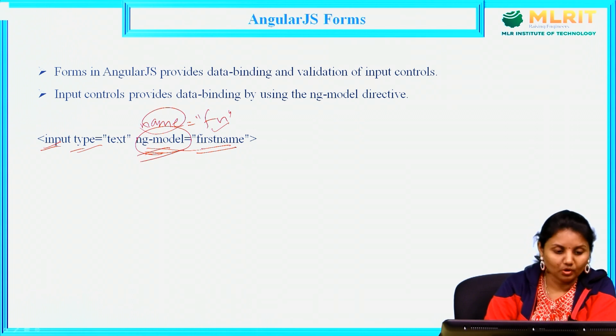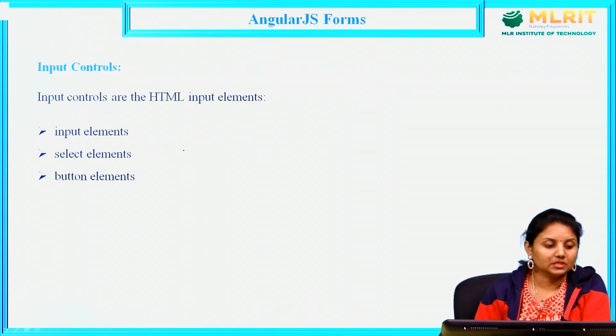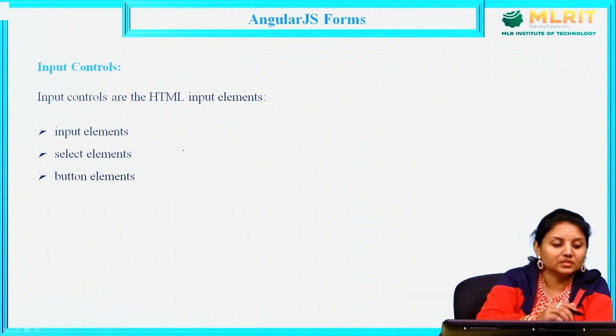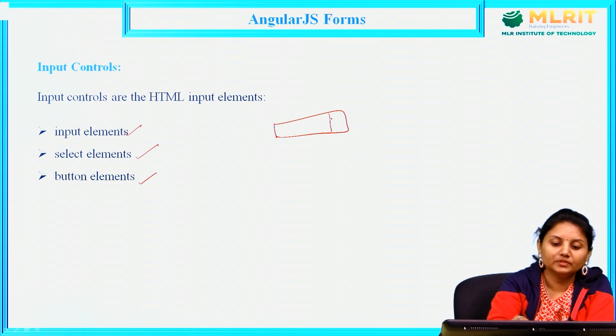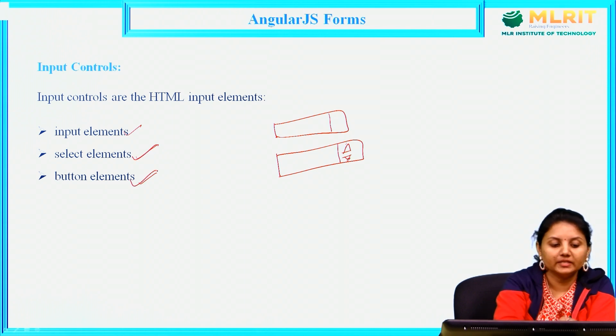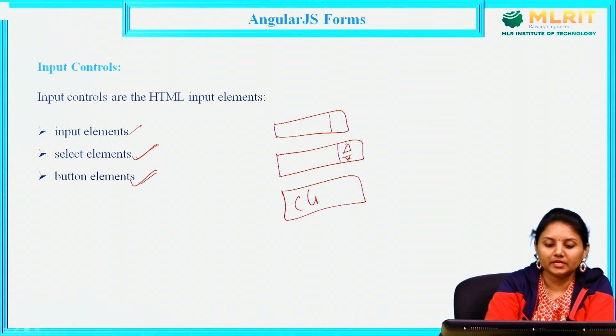Input controls: there is a set of input controls, namely input elements, select elements, and button elements. Input elements are where you give input in a text box. Select elements are where you choose using the up arrow and down arrow, so based on this you may select up and down. Button elements are like click buttons.